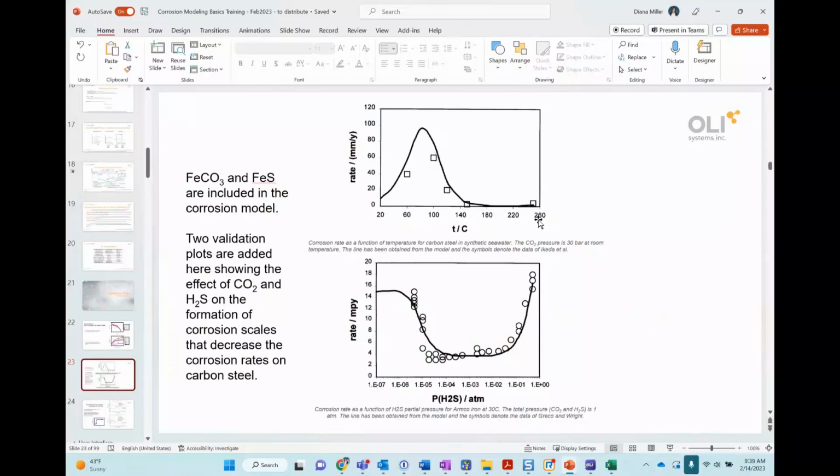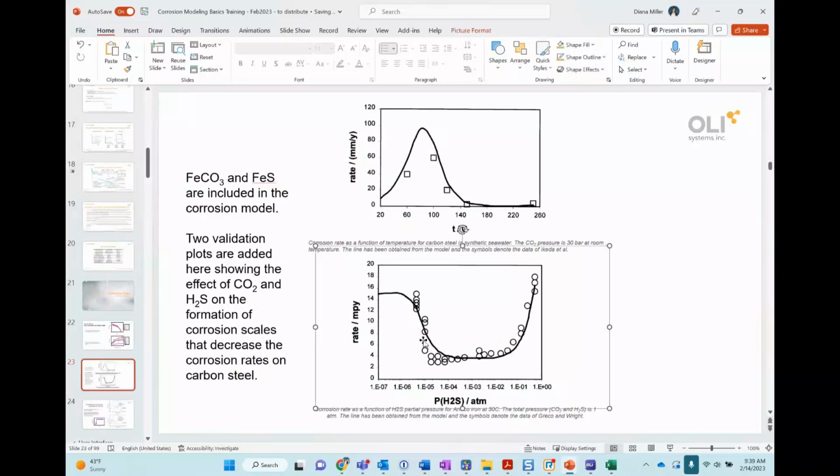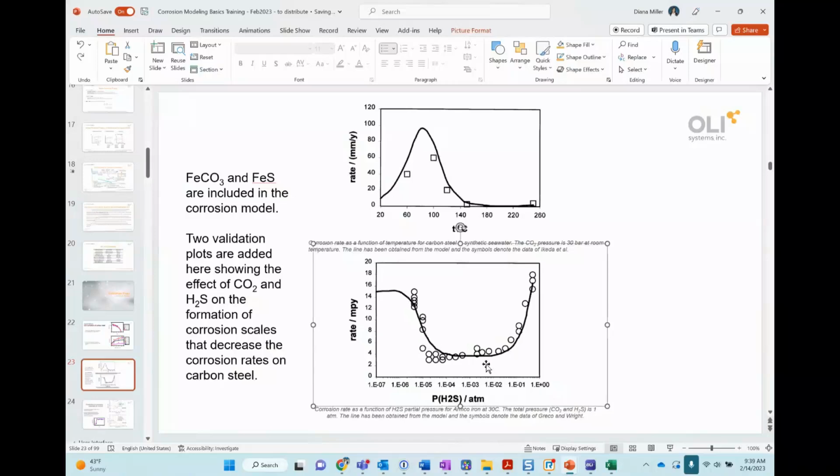Similar behavior you'll see for H2S environments, iron sulfide: you have a very high corrosion rate, you start forming your iron sulfide layer, you see a decrease in the corrosion rate, then as you increase the partial pressure, you'll see an increase in the corrosion rate.